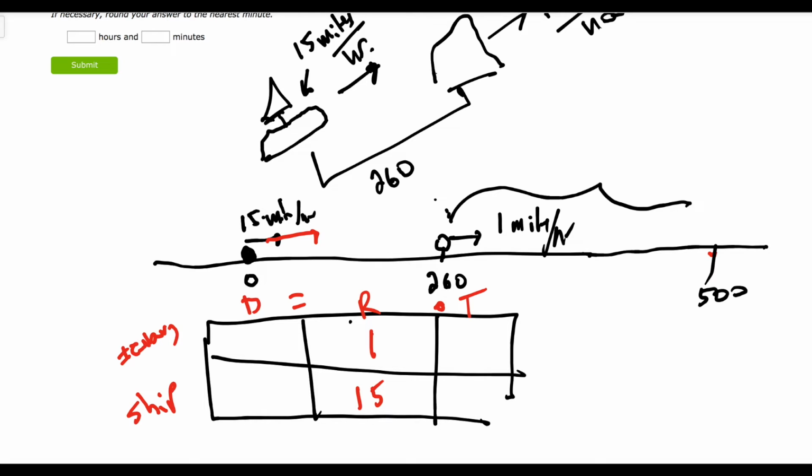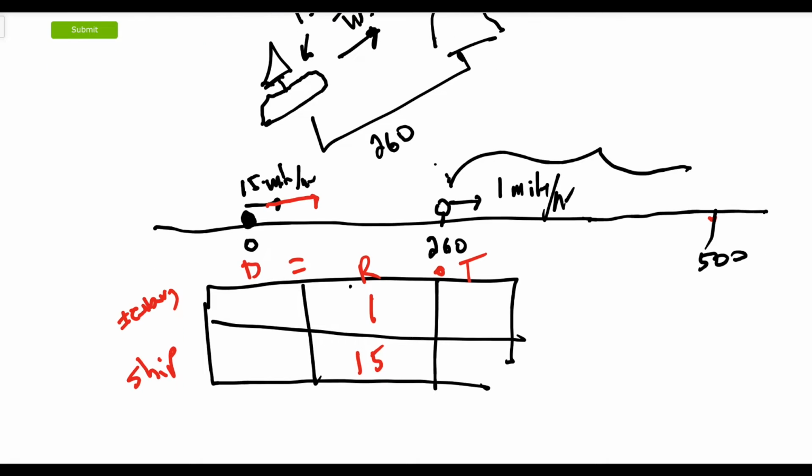If they meet up at 500, then this thing had to travel 500 minus 260, whereas the ship had to travel the full 500, all the way to 500. And the iceberg has to travel 240.